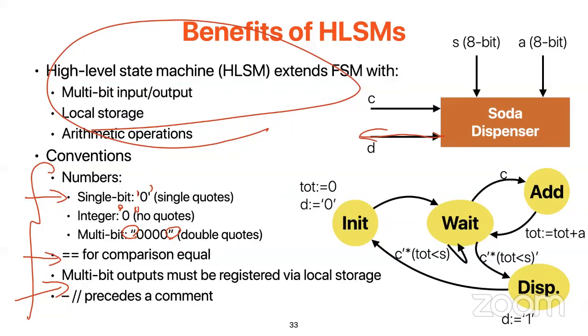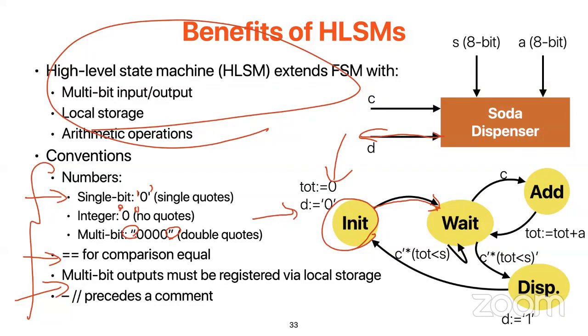And for this soda dispenser, let's look at this. The high-level state machine of the soda dispenser looks like this. In the very beginning, you haven't done anything with it, so the total number that you put in is 0. We don't dispense anything for you, so that's 0, right? Then we wait a little bit, and it transitions to another cycle. That's the initialization. Then you transition to the next cycle, which is the ready state, where we are ready to accept your coins.